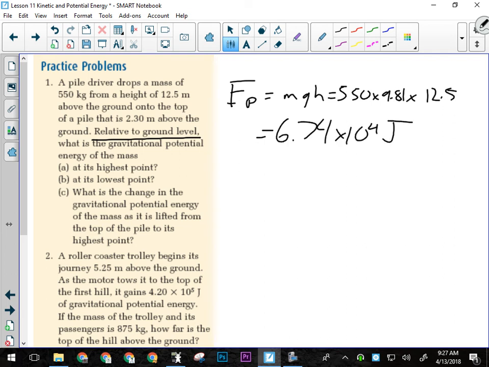The second thing they ask is at its lowest point. Its lowest point is sitting on top of the piling, where it's still how far above ground level? 2.3 meters. So we found the initial potential; now we're looking for the final potential. Again, 550 times 9.81 times 2.3 meters.